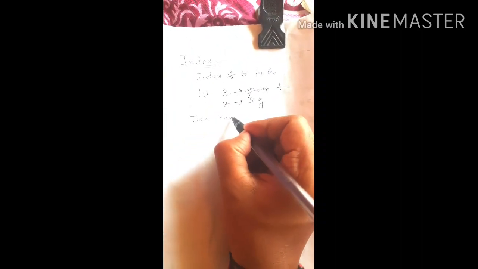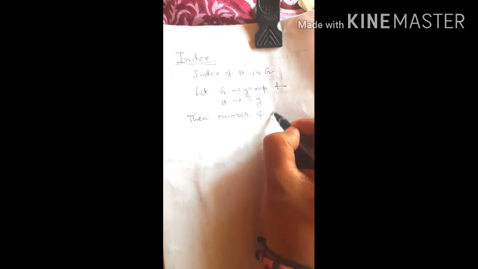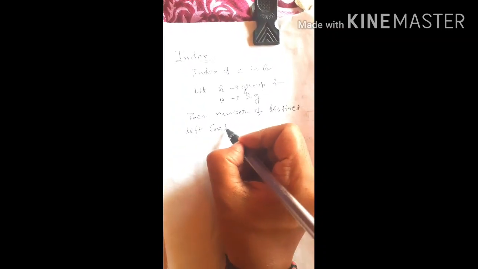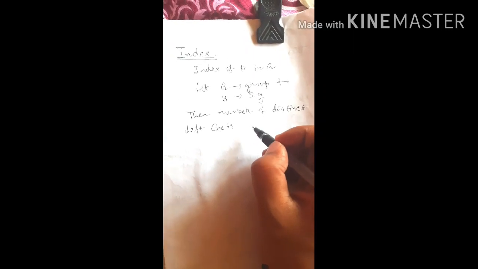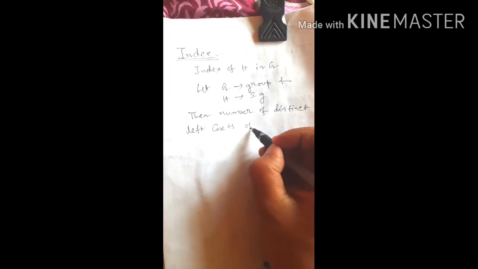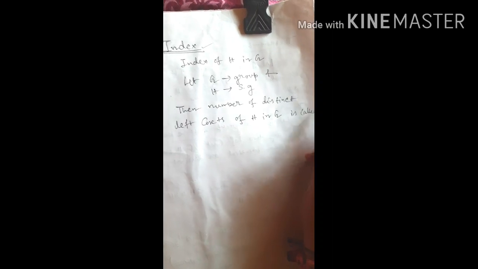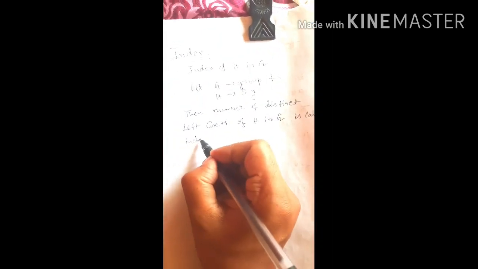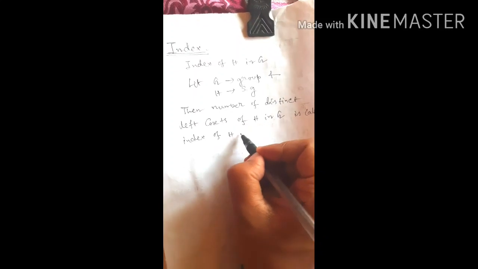Then the number of distinct left cosets of H in G is called the index of H in G.